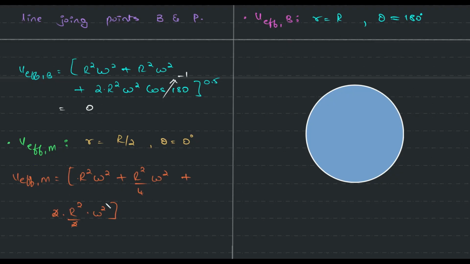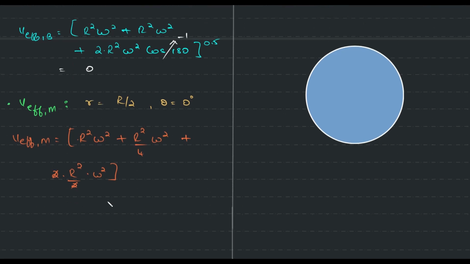And we have 2, 1 by 4. 2 and 1/4 is basically 9 by 4, right? 9 by 4 root is nothing but 3 by 2, and we have r omega. So this is nothing but 1.5 times the velocity of center of mass. Can you see that? It's 1.5 times the velocity of center of mass.